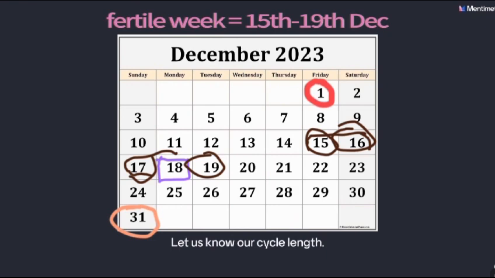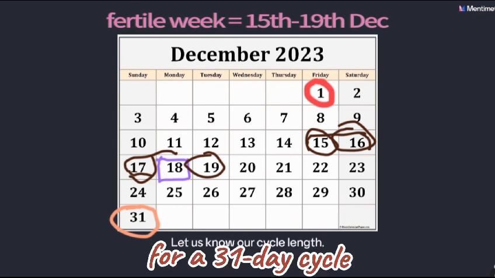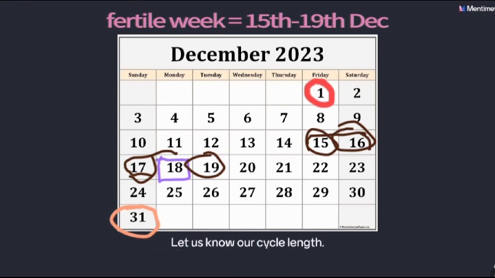Okay? So your fertile week is calculated 2 to 3 days before you ovulated. Before that egg is released, your fertile week will start counting. So it includes 2 to 3 days before you ovulated, the day you ovulated, and the day after you ovulated. That is your fertile week.